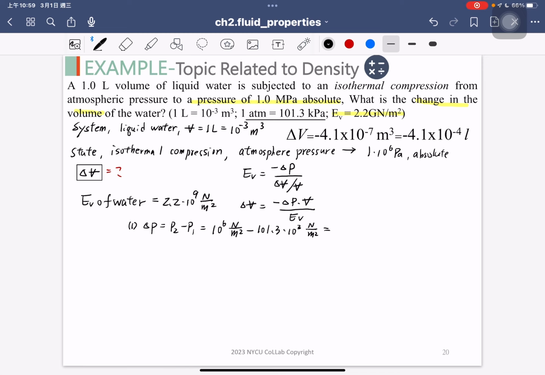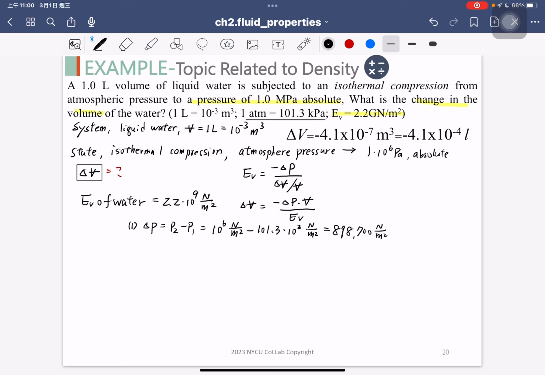You can use your calculator to compute the answer. So it's around 898,700 newtons per meter square. This is delta P.